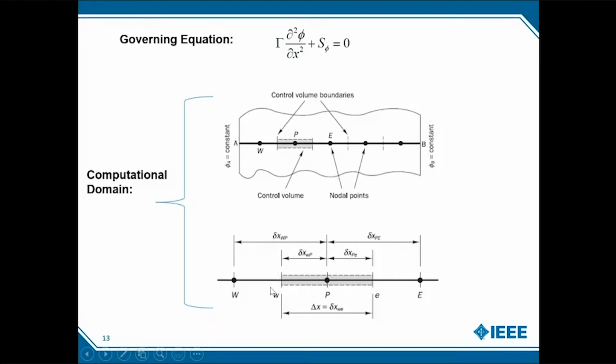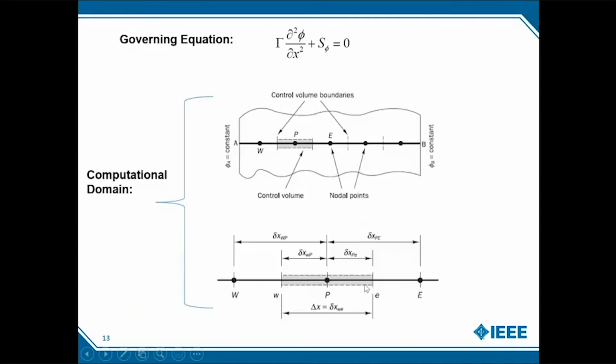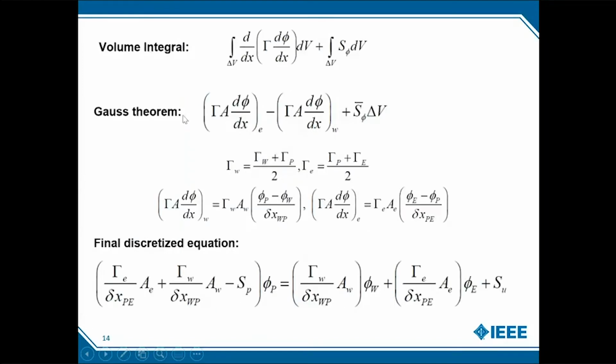The way to get it is you take the average from this capital W and capital P, and that is exactly what's done over here. Basically, this gamma is at w, so we take the average of the two nearest nodes. Similarly, we do it for e. Our e face is here, and if you take an average, it will be of capital P and capital E. So that is what we have done, and yeah, we plug it back in.